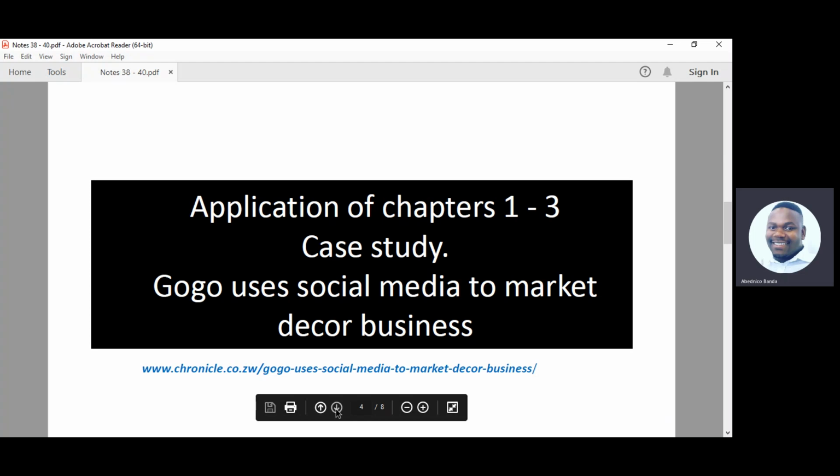So we are going to look at a case study about a senior citizen who is a grandmother who uses social media to market a deco business. So it's very interesting because how can a gogo, a granny, use social media to market a deco business? Not that I'm undermining the age, but as we have discussed, digital natives, digital refugees, and digital immigrants.